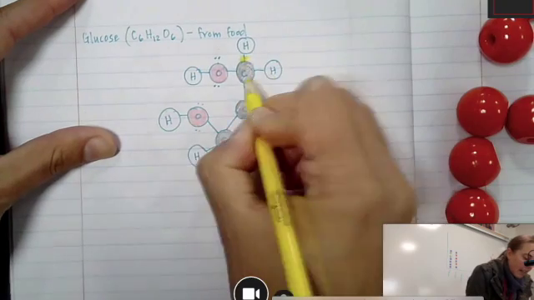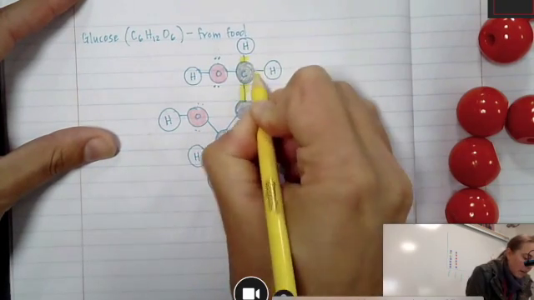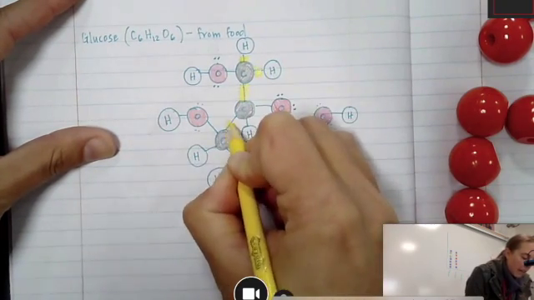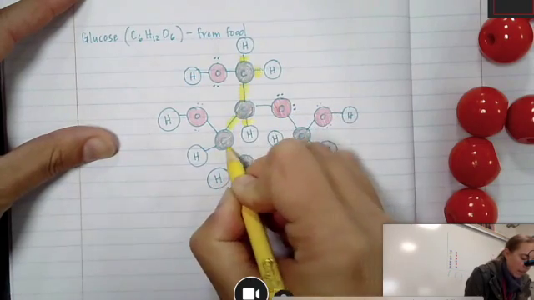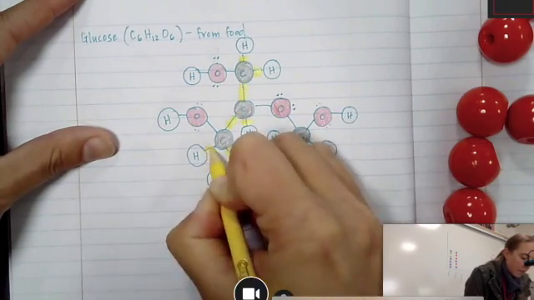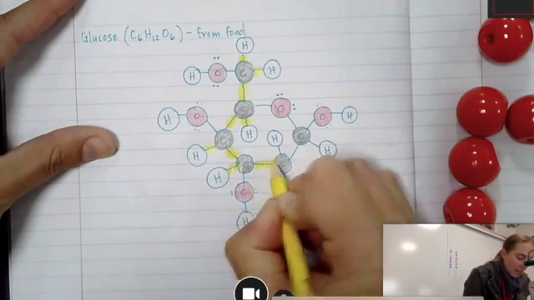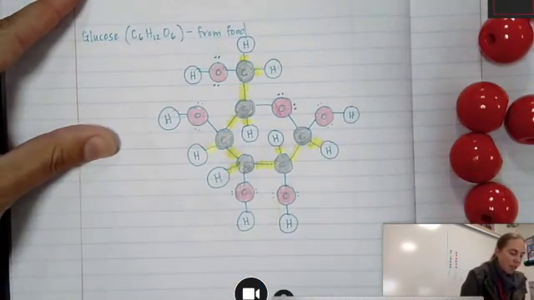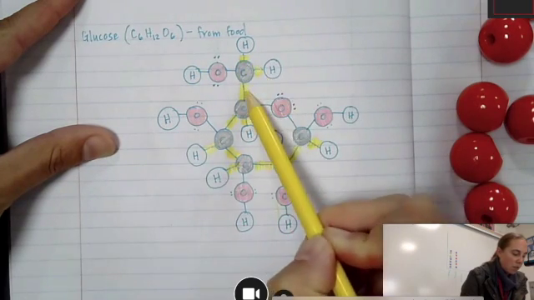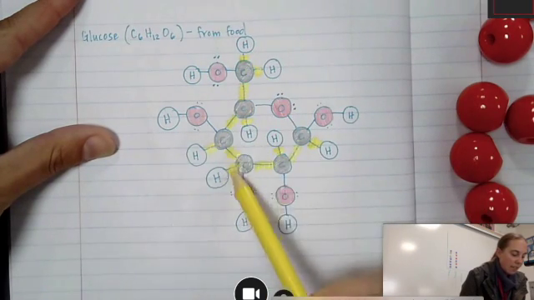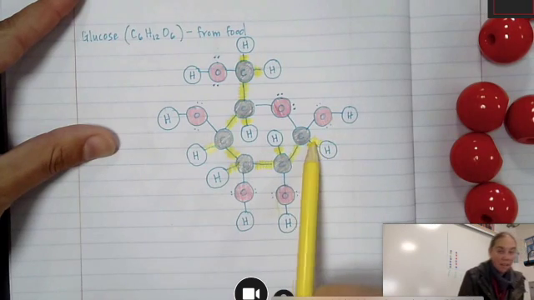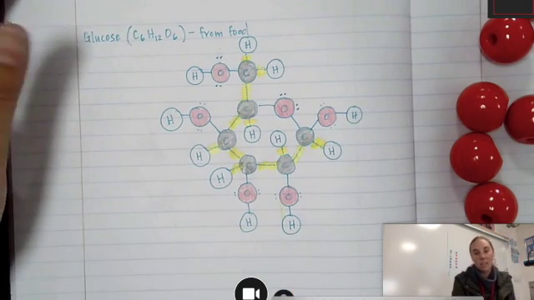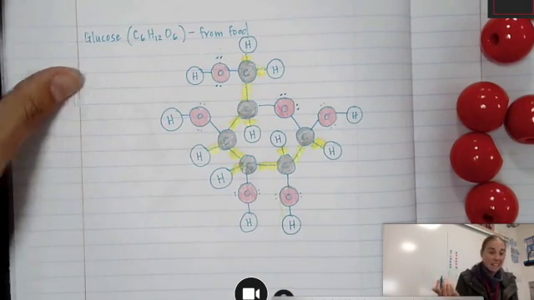Anything that is a carbon to carbon or a carbon to hydrogen needs to be colored with a yellow. And you should find that there are 1, 2, 3, 4, 5, 6, 7, 8, 9, 10, 11, 12 of those high energy bonds. Let's go ahead and add this information.